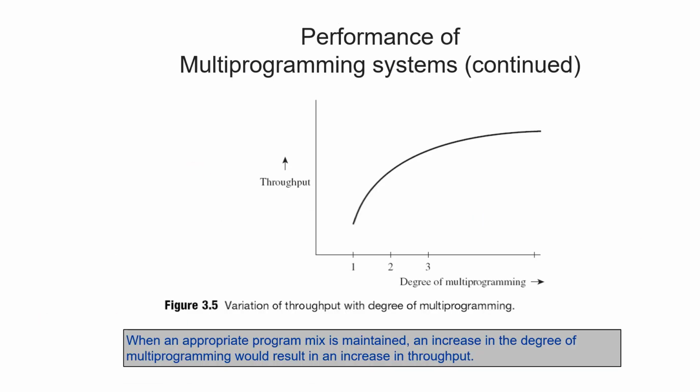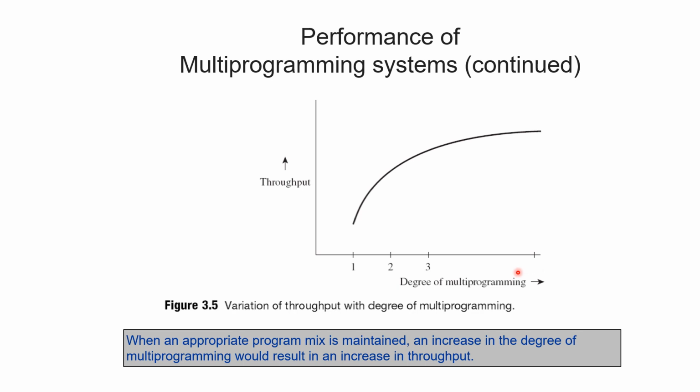If you see in this diagram, the degree of multiprogramming increases when throughput also increases. What does that mean? The degree of multiprogramming is the number of programs present in the memory at any time.